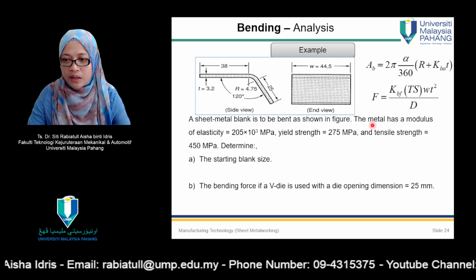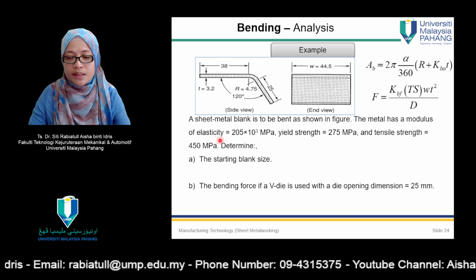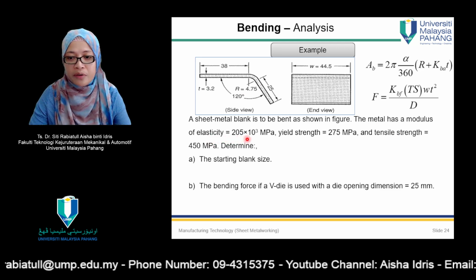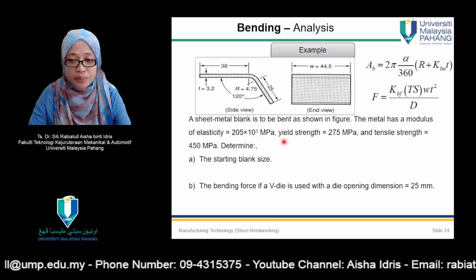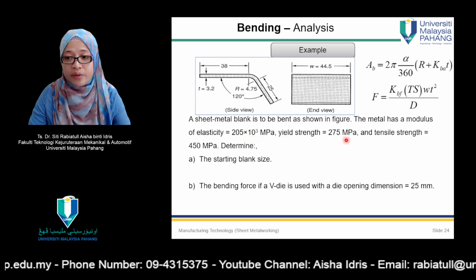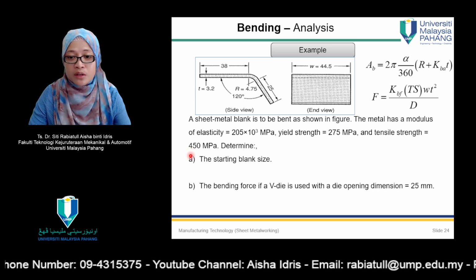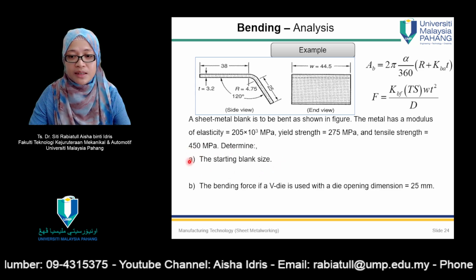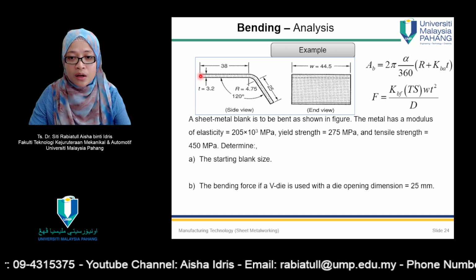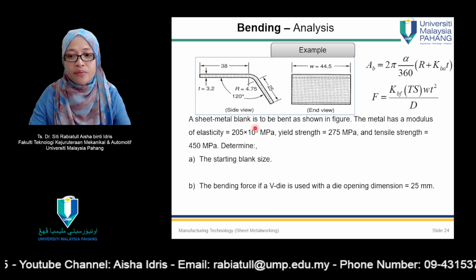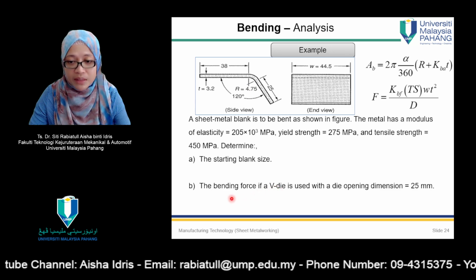To be bent like this, the metal has a modulus of elasticity equal to 205 times 10 to the power of 3 MPa, yield strength 275 MPa, and tensile strength 450 MPa. Find the starting blank size. The starting blank size means the length from this point until this point, which means before it is being bent.